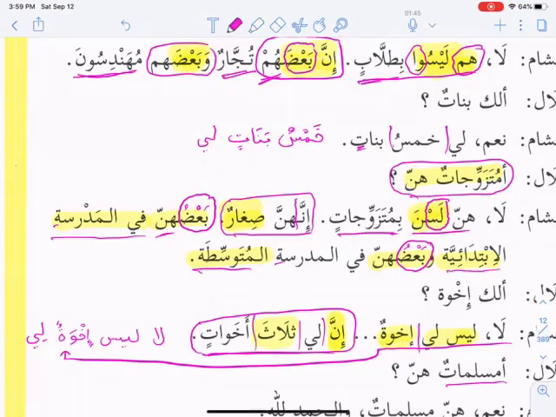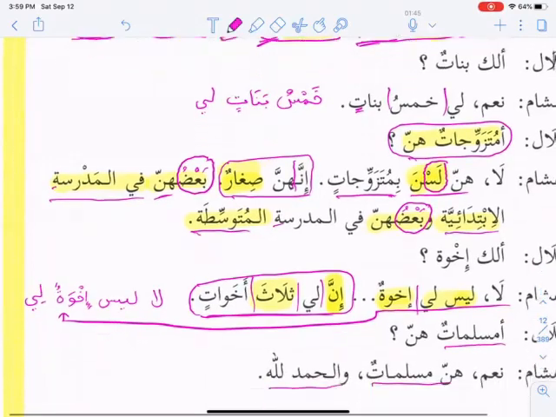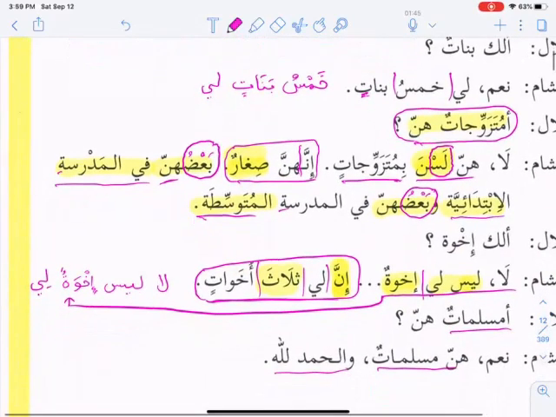But here, la laysa li ikhwatun. I don't have a brother. So here you can say easily, I change that: la laysa ikhwatun li. Why did I do that?